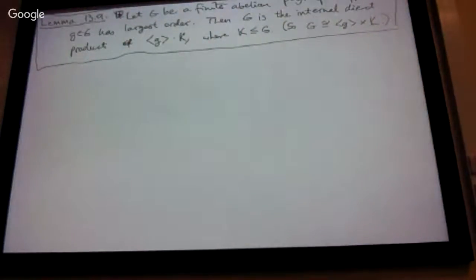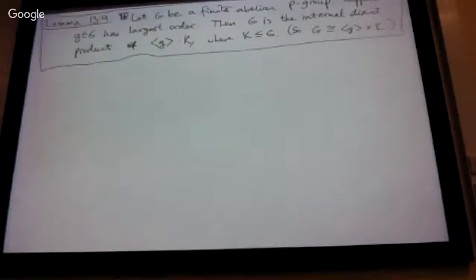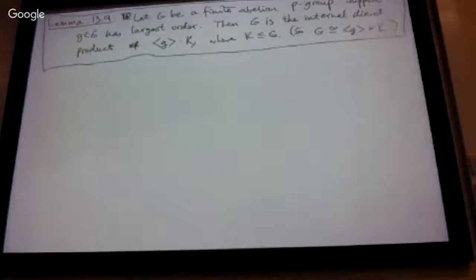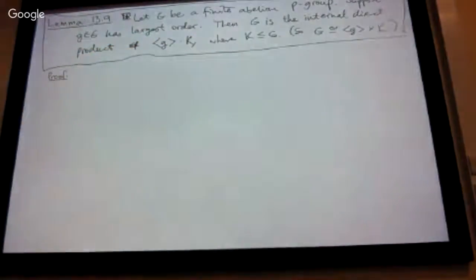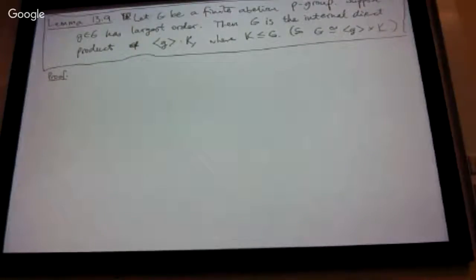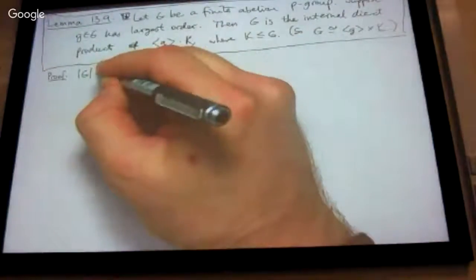And that's the lemma I don't understand, so I hope it's right. It's slightly different from the book, a bit stronger. So what's the order of G?